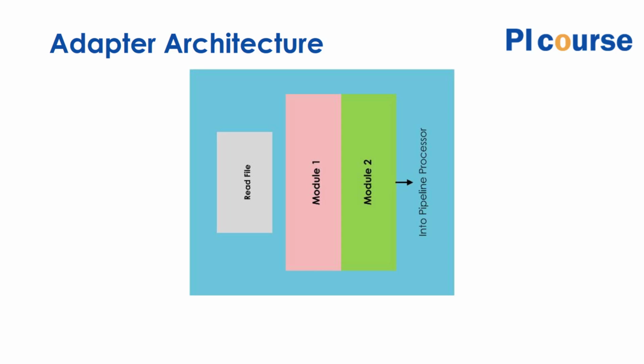So this gives you a really good way to get more information about what's going on in the system. And then you can just put these into the queue and process them. Every time a message is sent, it'll process module 1, it'll process module 2, and then the message would be sent to the pipeline for further processing.